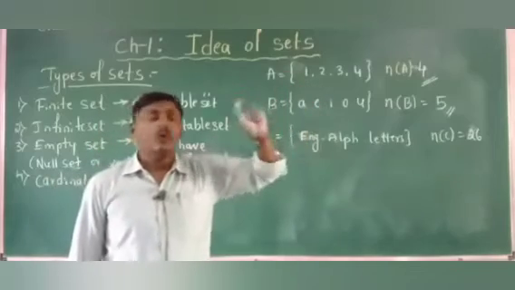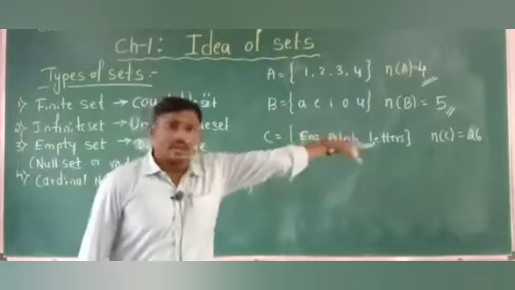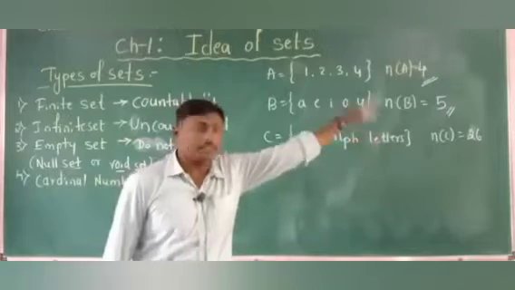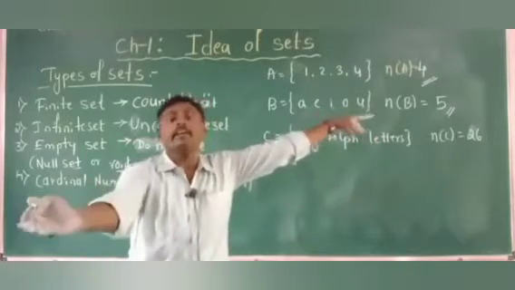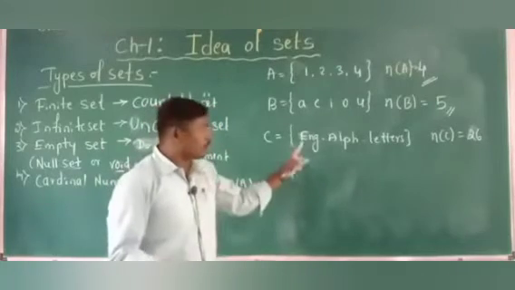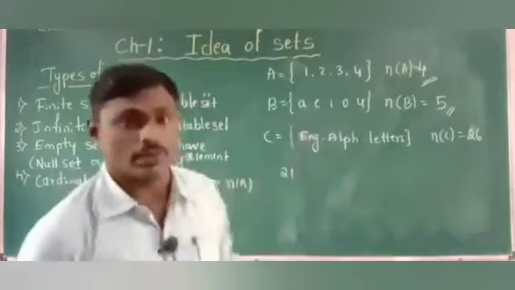If I take the vowels of the English alphabet, what is that cardinal value? The total letters existing in the English alphabet are 26. In that, 5 are vowels, so the remaining letters are 21. So 21 is the cardinal number for the set of the English consonant letters.